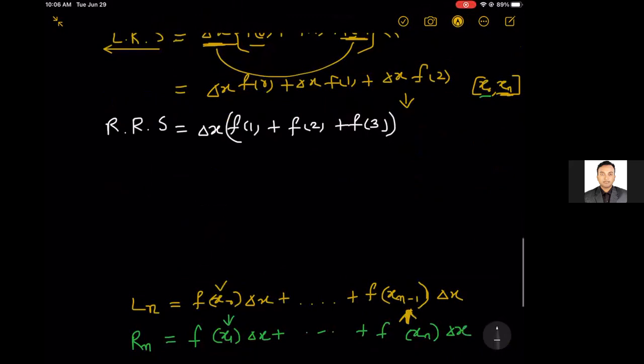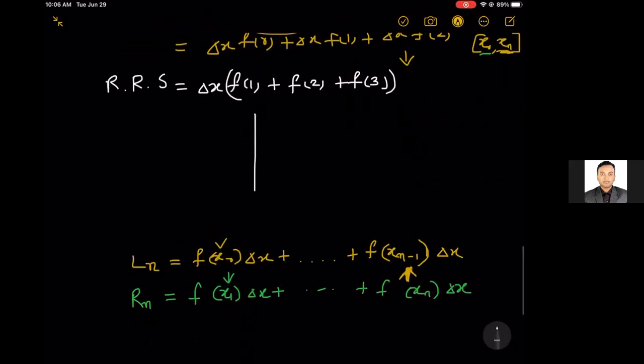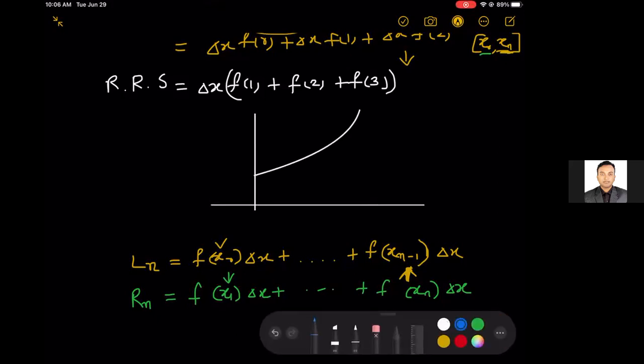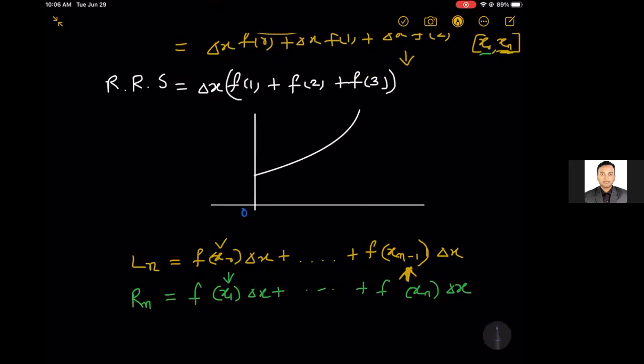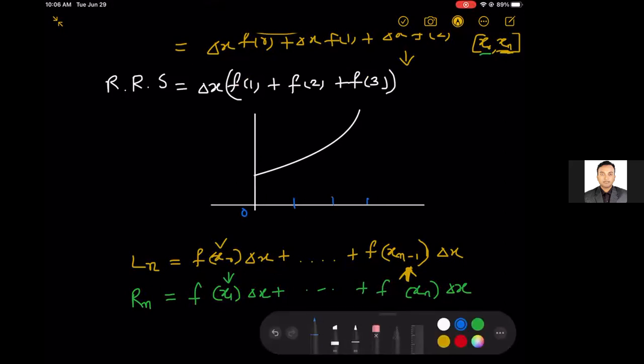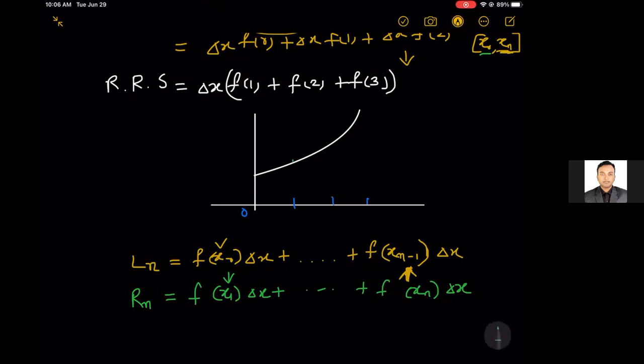And the graph will look like this. Let me show the graph as well of the same curve, of course. So now, this is 0, right? 0, 1, 2, 3. So we'll be starting our point from 1. We'll go like this. Then we'll go to 2 and go like this, then it'll go to 3, go like this.